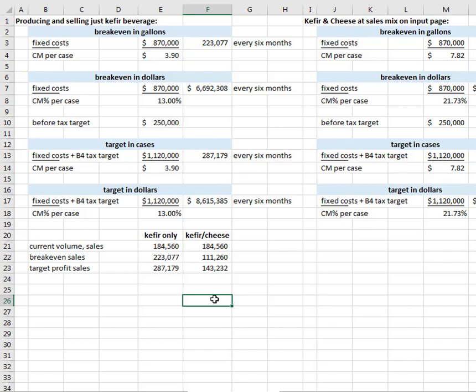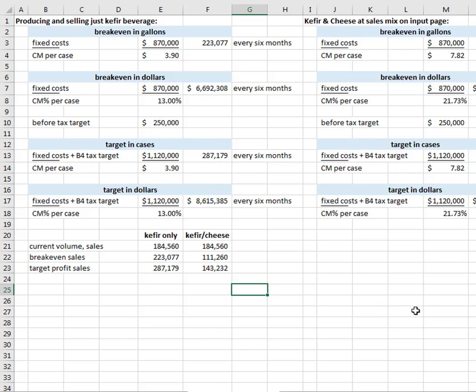For instance, if you get above 184,000 in volume, fixed costs may change. You may need more capacity, or fixed costs may change anyway because there's a change in the tax rate or something like that. So the presumption that there would be no changes at all and that this would go out for multiple years is probably not a very good one.